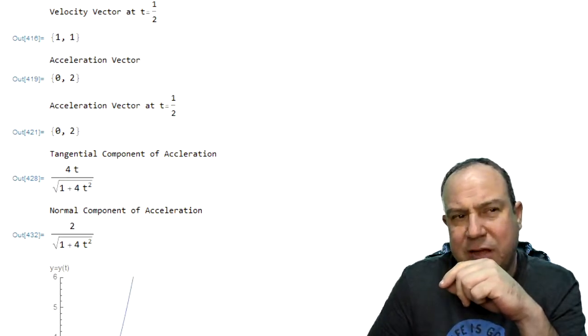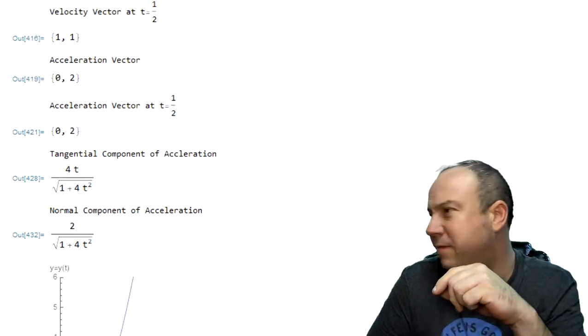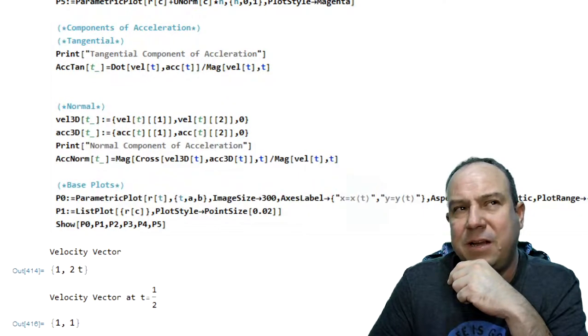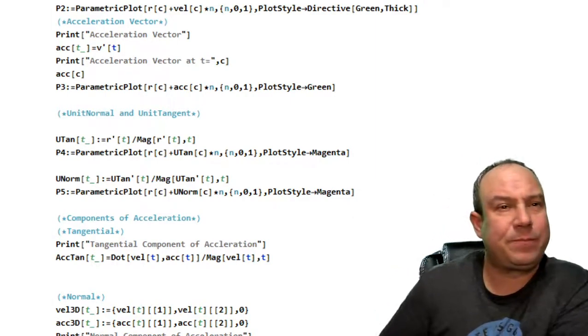And the similar is going to happen over here to our tangential vector, our unit tangent vector here. It's going to be scaled to a certain size, right? And maybe we'll draw those out in a certain color here to make sure that we can see them.